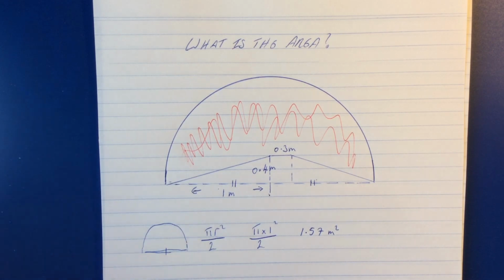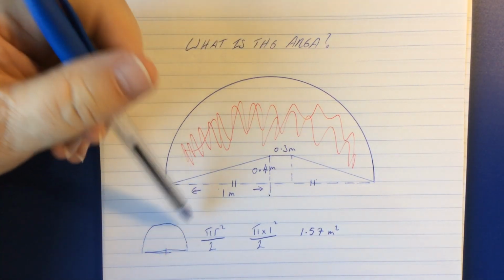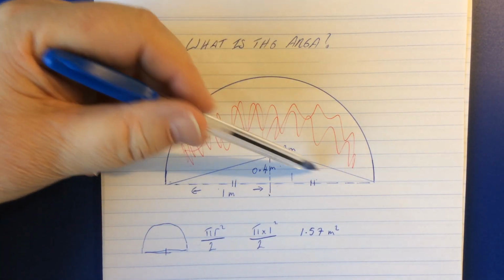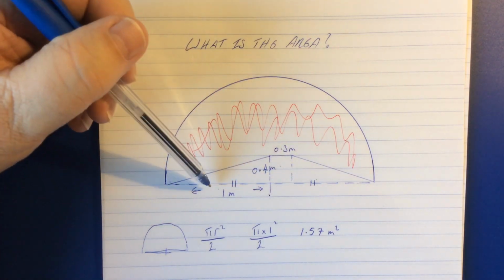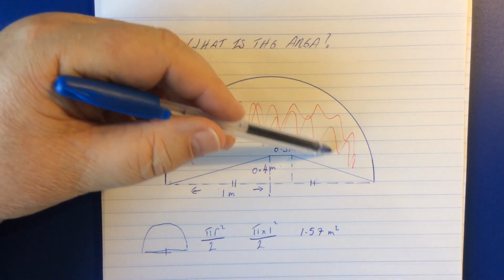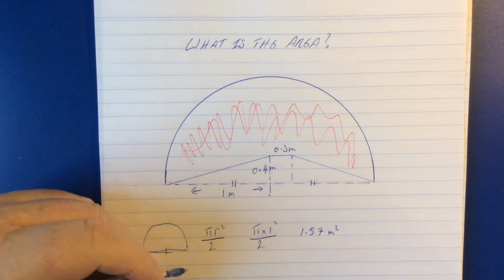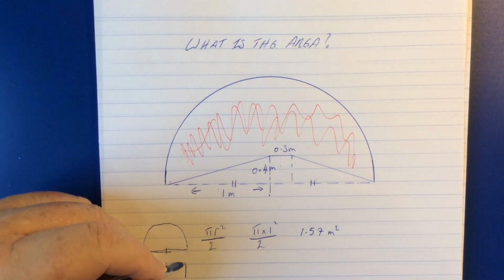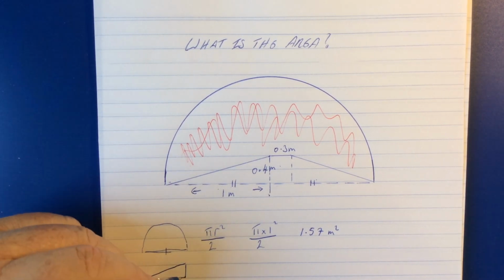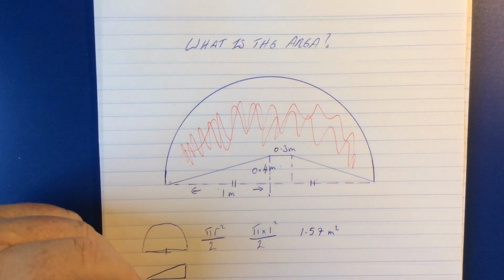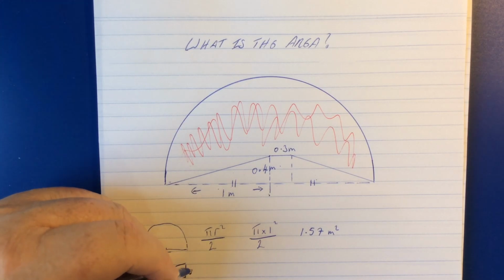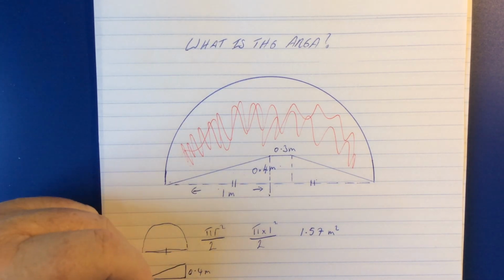Okay. Now, what has happened is a series of shapes have been drawn into this and have removed some of the original area of this semicircle. So let's deal with the first one, which is this triangle here, which is 1 meter by 0.4 of a meter.